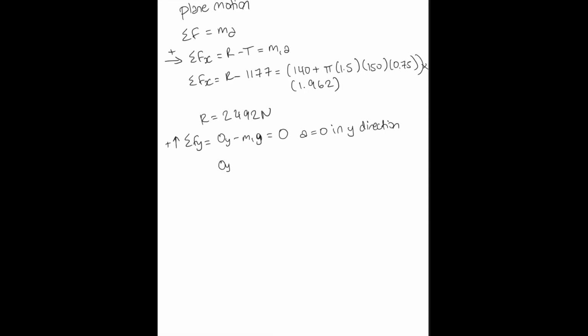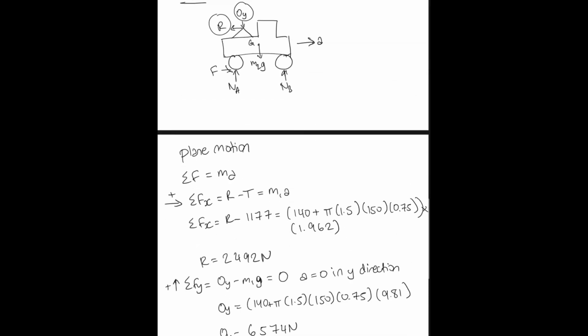So OY is just going to be equal to the mass, again, of the spool and cable, which is 140 plus pi times 1.5 times 150 times 0.75 multiplied by 9.81 to give us a value of OY, which is 6,574 newtons.